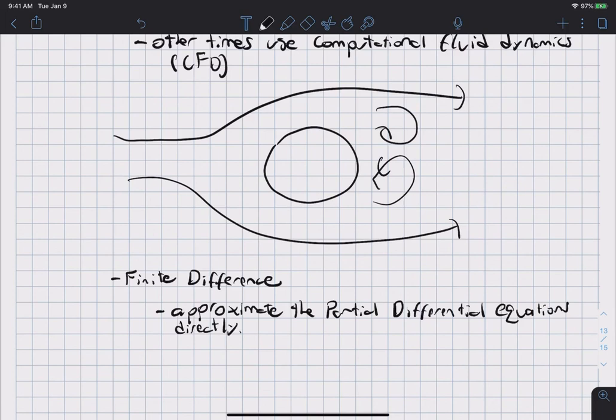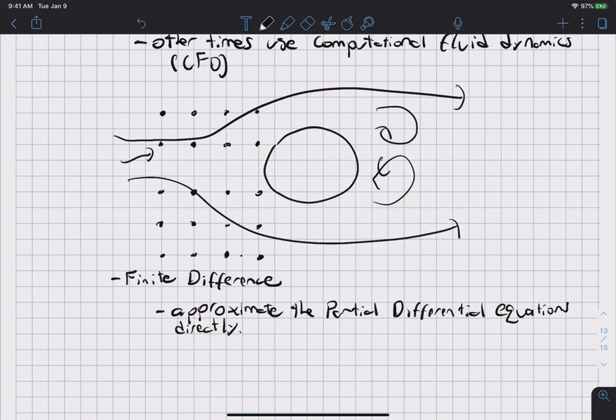For example, what you do is you define a computational domain, and you basically seed it with a whole bunch of points that I'm drawing here. And basically what you want is the solution to the Navier-Stokes equations at each of these points.